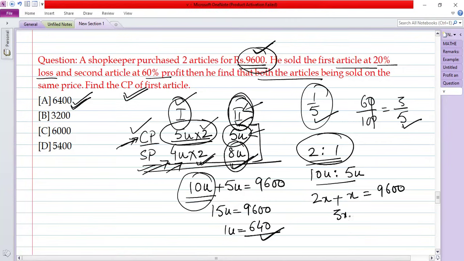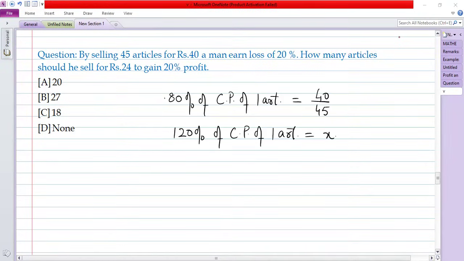So 3x is 9600, so x will be 3200. Now this 2x is the cost price of the first article. And when you substitute 3200 here, again it will give you 6400. So one can go this way also.